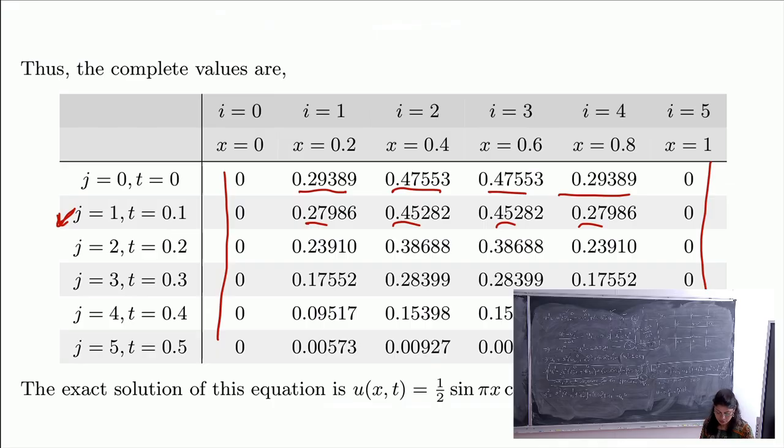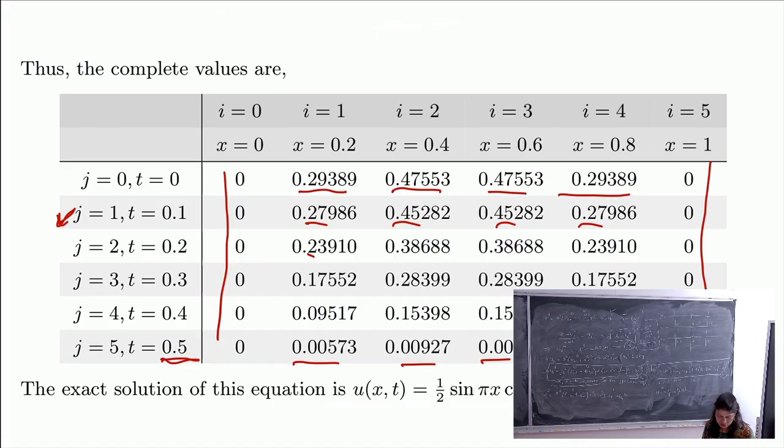So by using these conditions, we are going to apply this procedure again and again, and we are going to find out the solution at time level 0.5. So by applying this procedure, we are getting this solution here. Here you should also observe what's happening in the final solution.